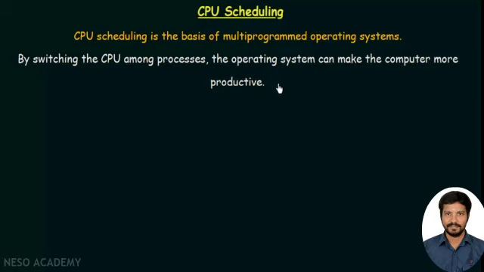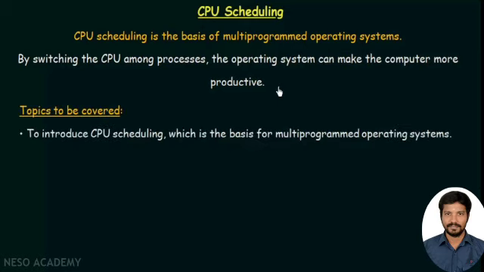Now let us see what are the important topics that we need to cover under CPU scheduling. The first thing that we are going to do is to introduce CPU scheduling, which is the basis of multi-programmed operating systems. We will see what it actually means, what it actually does, and how it makes our computer more productive. Secondly, we are going to describe the various CPU scheduling algorithms.